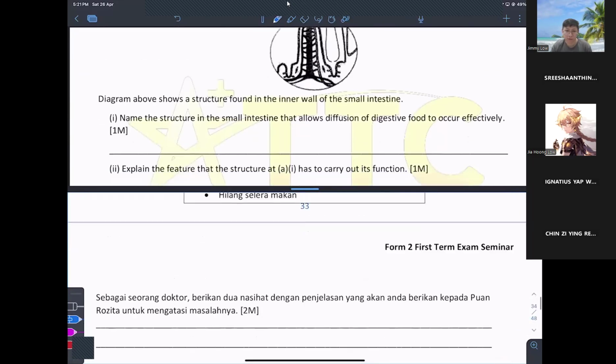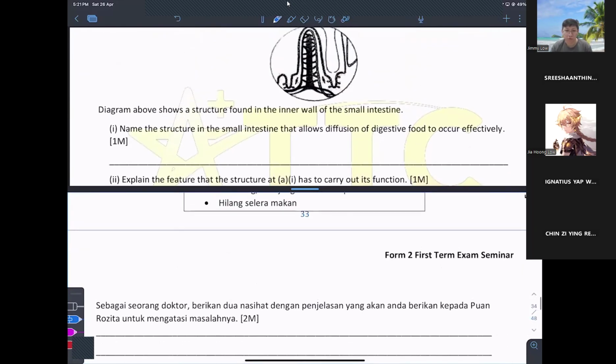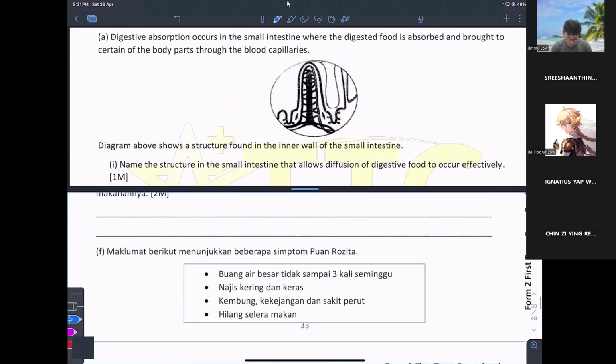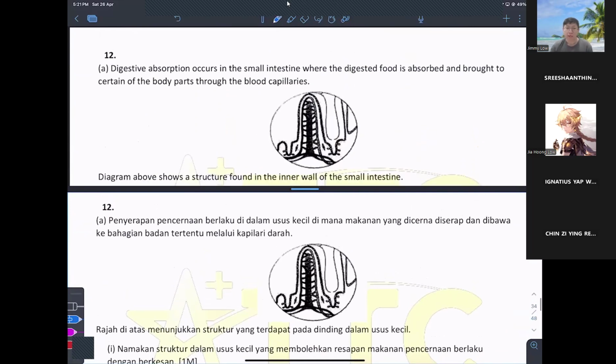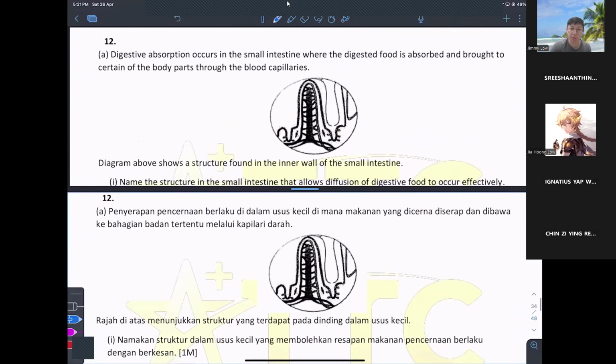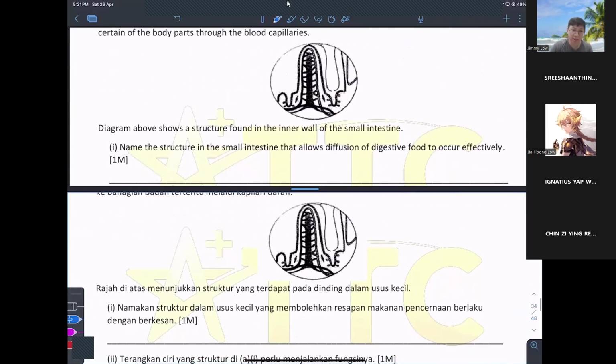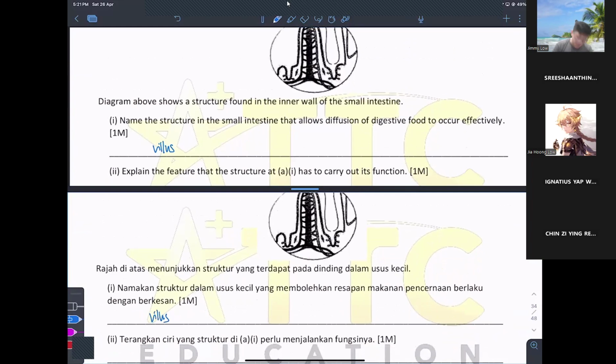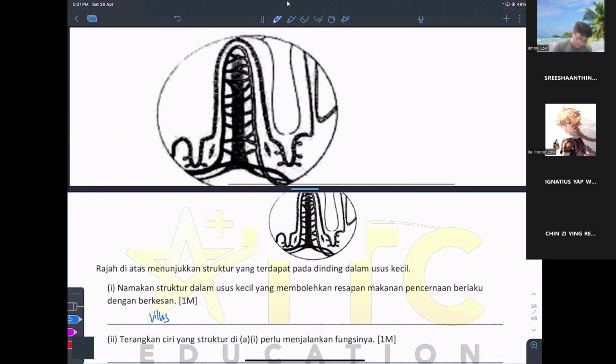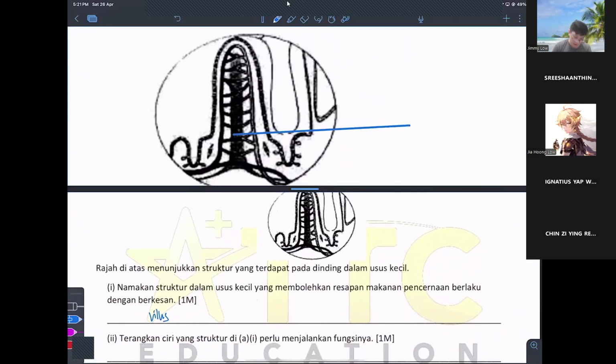Okay, we try to go through this question. This question is quite valuable. Question number 12. It refers to the structure here, the wall of the villus in the small intestine. This is the villus. Just to let you know, this one is the so-called lacteal.